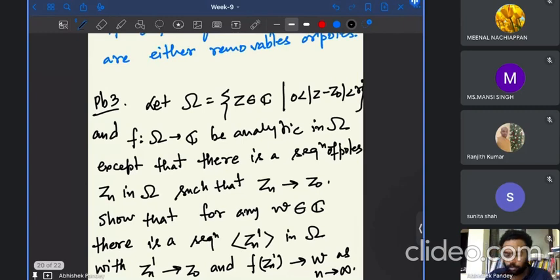Now we have to show that for any W belongs to C, we can find a sequence Zn dash in omega, such that Zn dash will go to Z naught and f of Zn dash will go to W. Okay. So this is kind of an important thing. Now, is it clear?